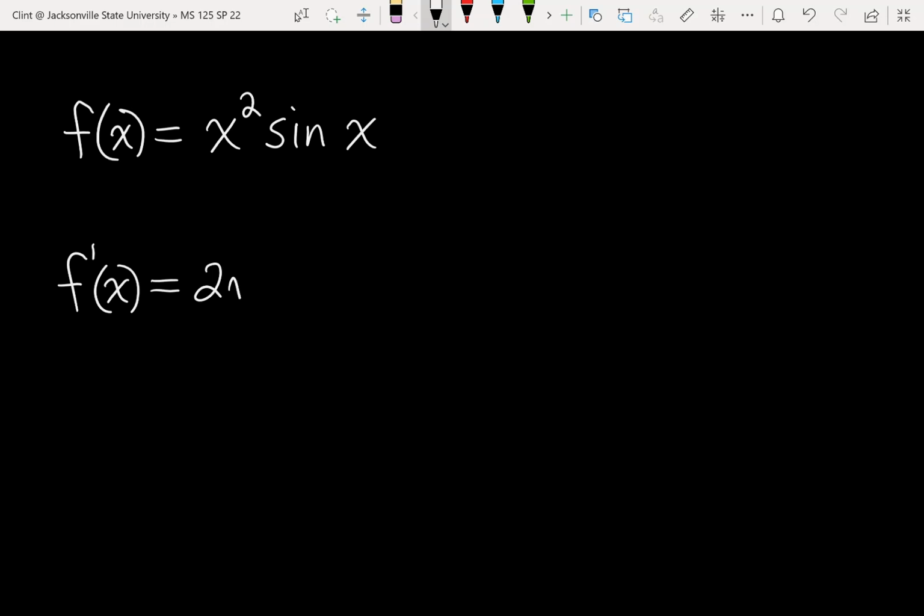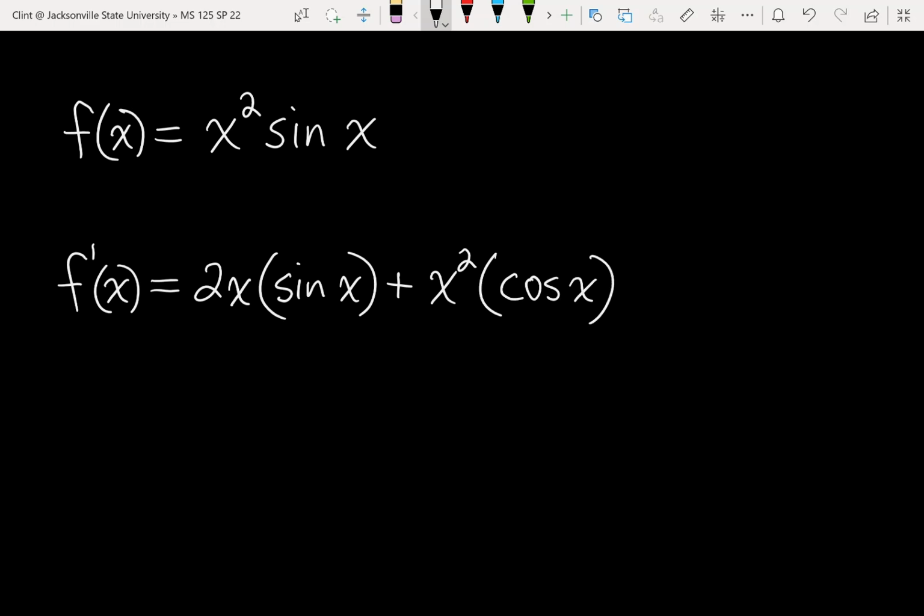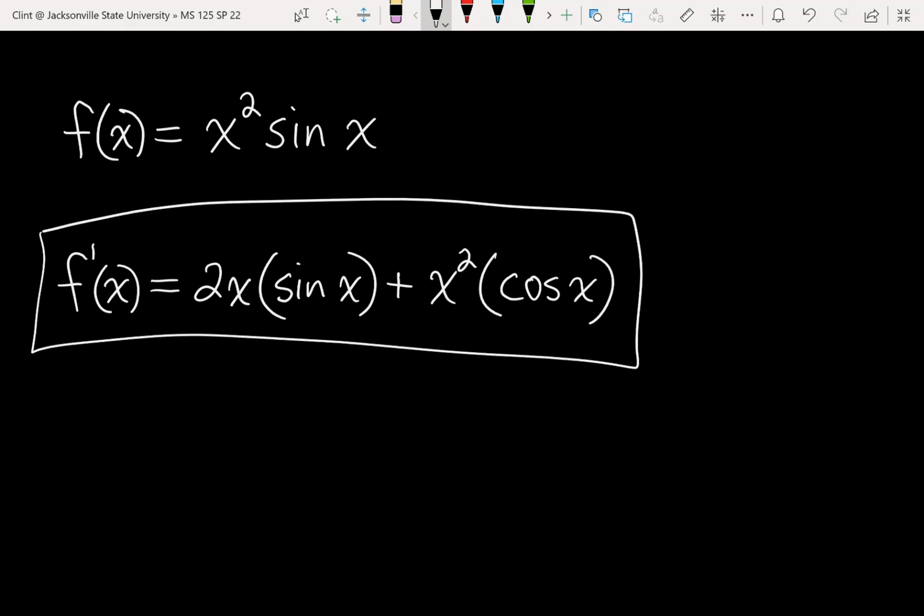Do the derivative of the first one times the second one plus the first one times the derivative of the second one, which is cosine x. Derivative. They're not all nightmare problems. There are some nightmare problems, but they're not all that bad.